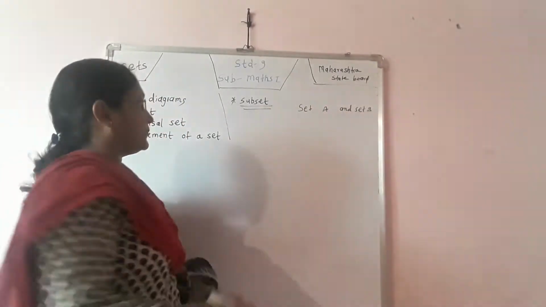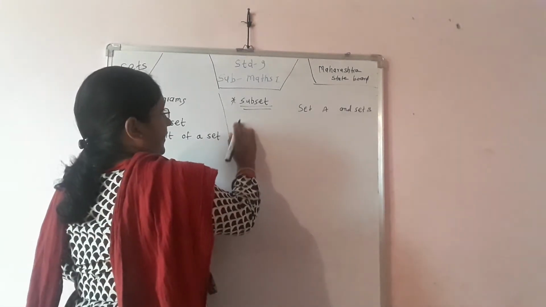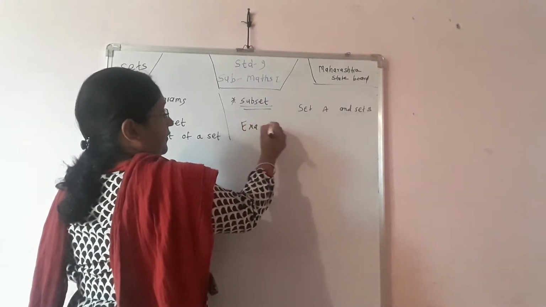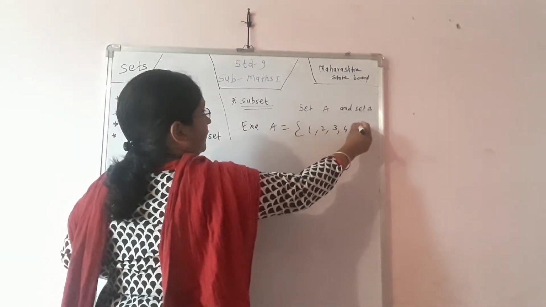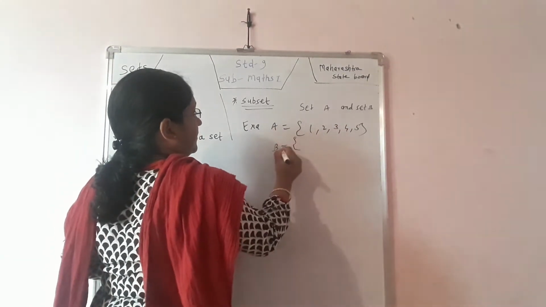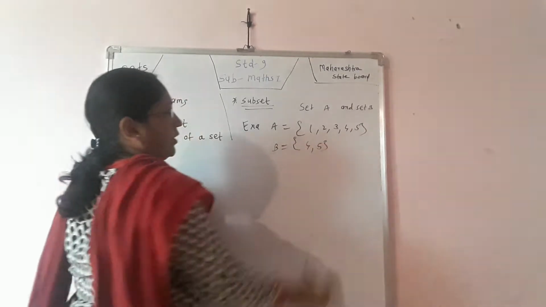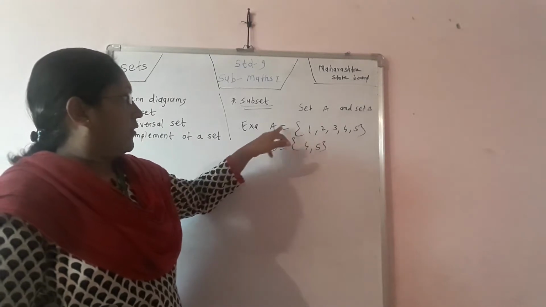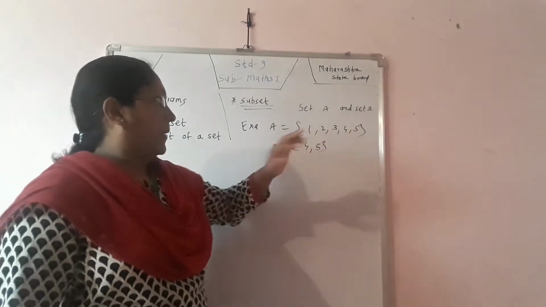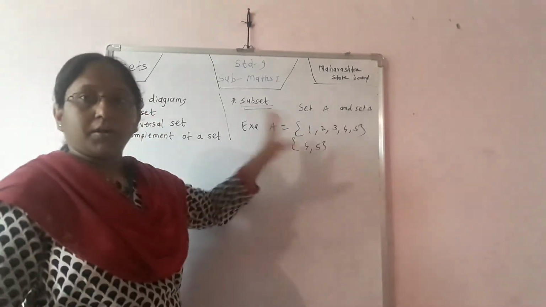For example, suppose set A is 1, 2, 3, 4, 5, and set B is equal to 4, 5. Okay, there are two sets. A contains 1, 2, 3, 4, 5 and B contains 4 and 5.